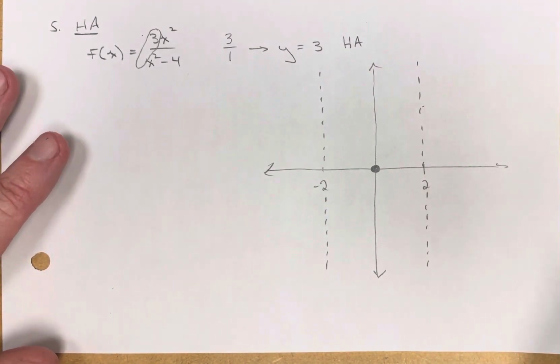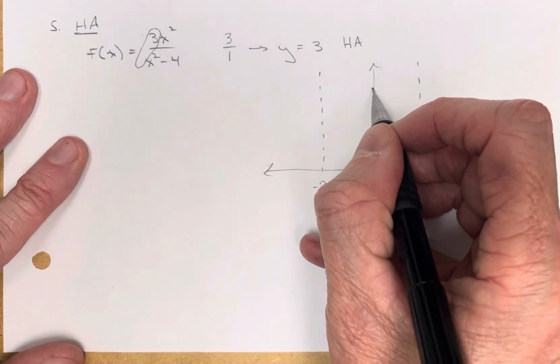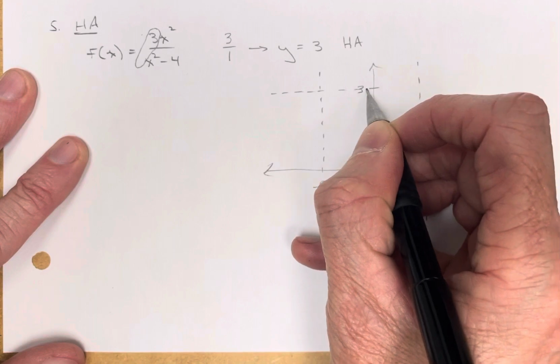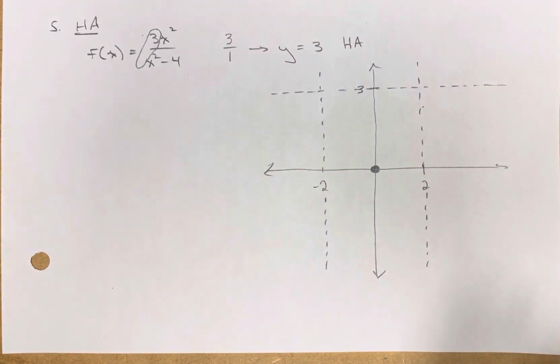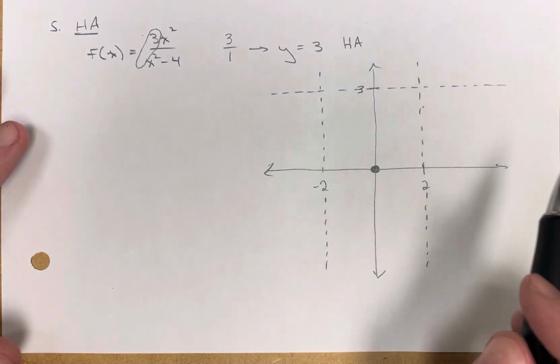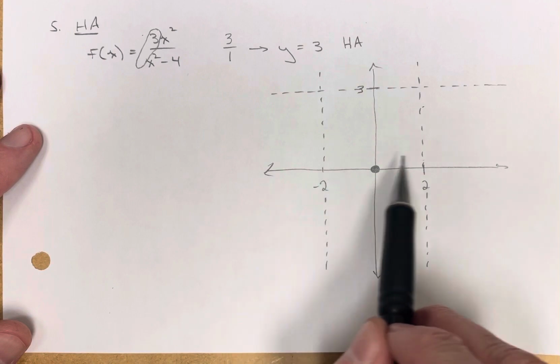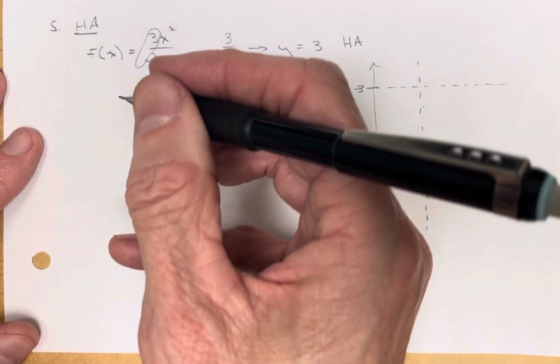And I know that I have a horizontal asymptote at 3. Well, that's pretty neat, except I need more information than this. Obviously I'm going to be bound in here somehow. I can't get across those two, but I have no idea what's happening to the left and to the right.